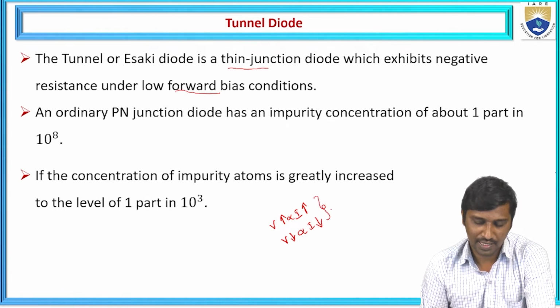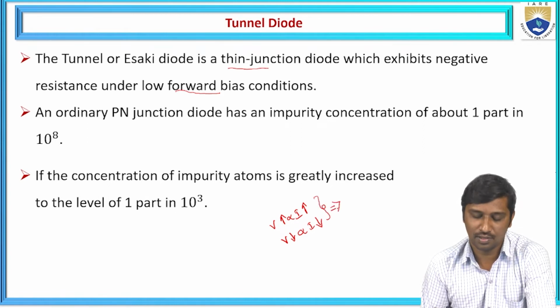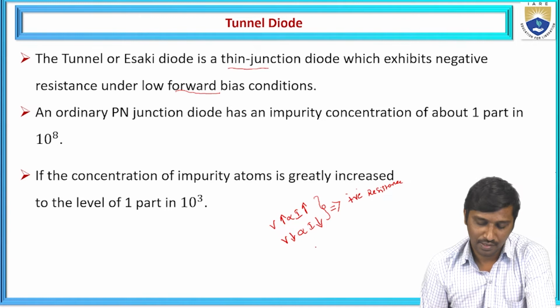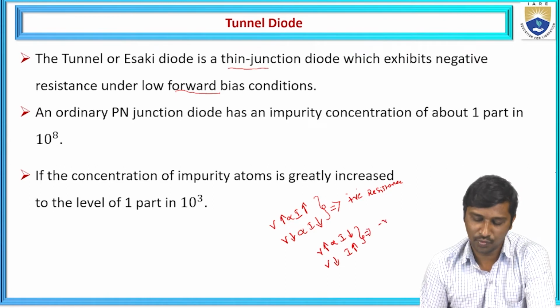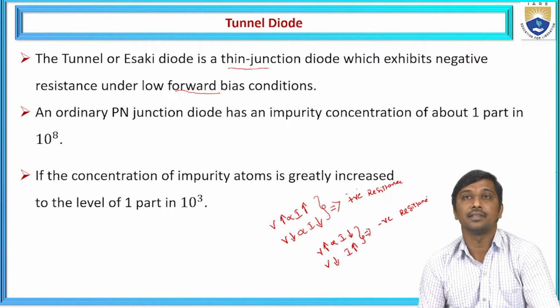This type of characteristic belongs to positive resistance. If V increases, I decreases, or V decreases, then I increases, this type belongs to a negative resistance device.